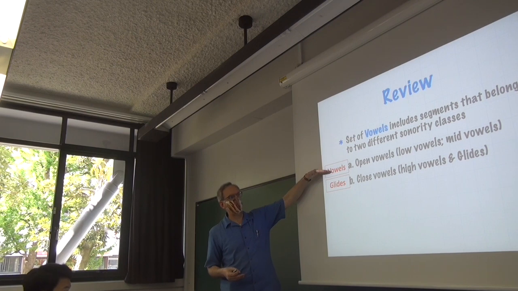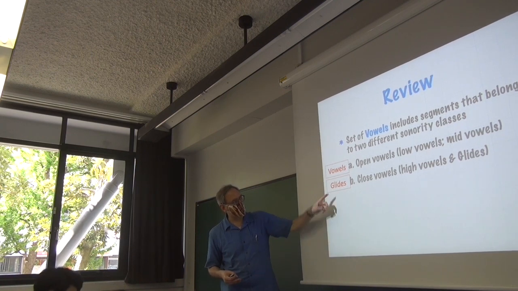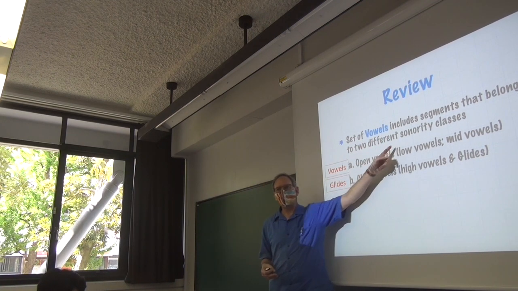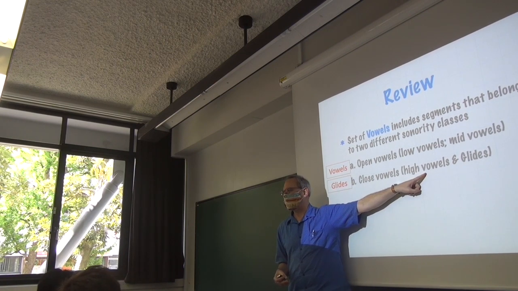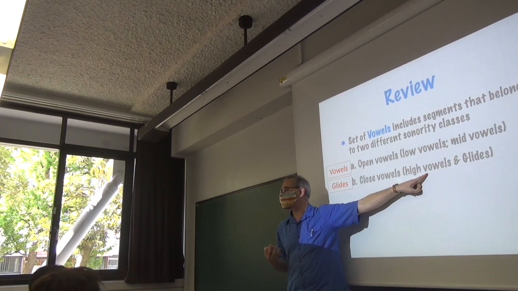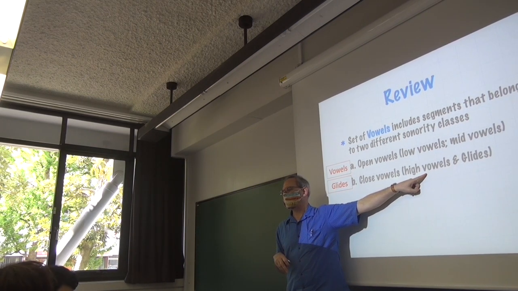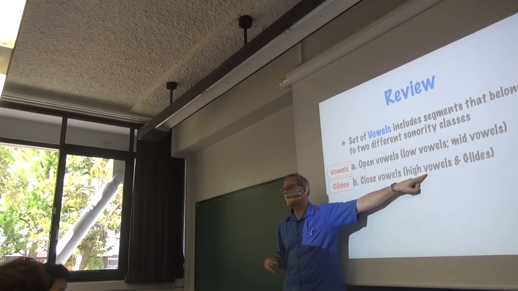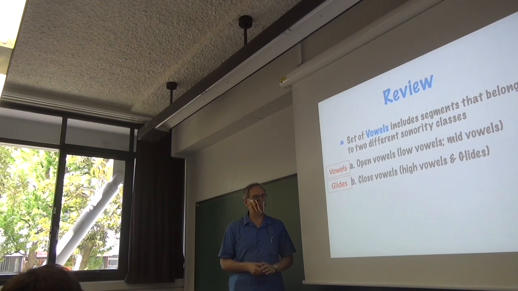That would be the highest sonority segment class, and then we'll go down to liquids, nasals, obstruents. But the segments i and u are still referred to as vowels. It just becomes a bit confusing because they don't belong to the segment class we call vowels. They belong to the segment class glides.